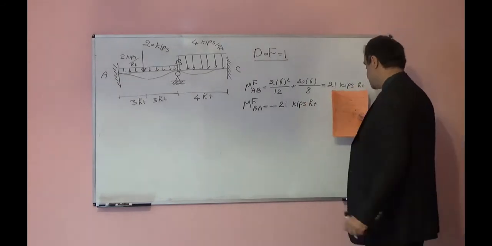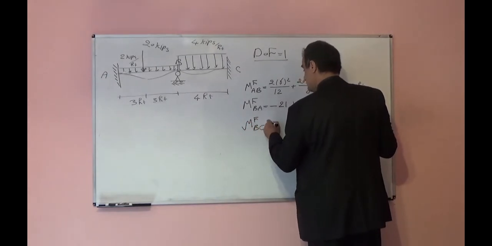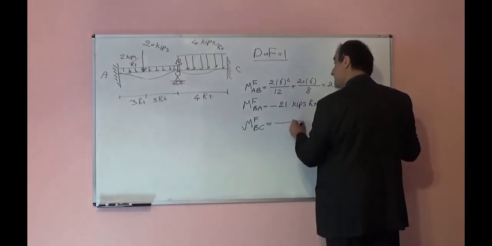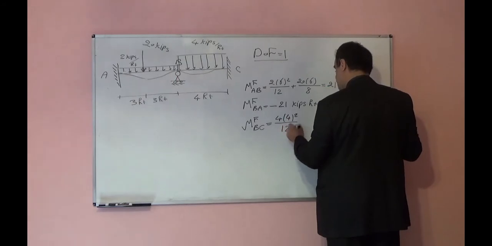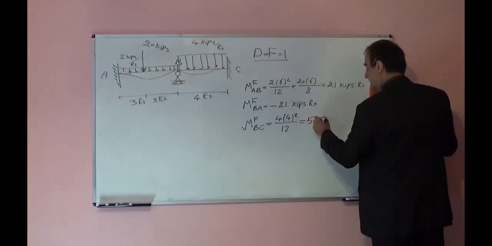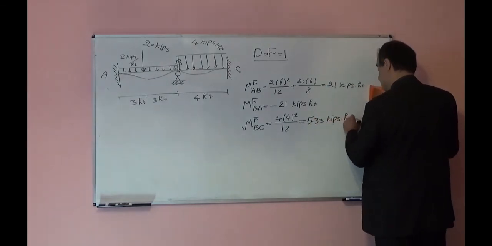For span BC, again the same thing, FBC. This side it is counterclockwise, positive wL squared over 12. It will be 5.33 kips feet.